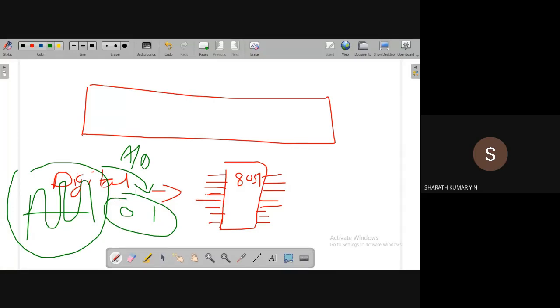So the digital data applied to the microcontroller should be of a specified length. For example, in your mobile device or laptop, you have a 64-bit processor. What does that mean? It can accept a maximum of 64 bits of data at a time.